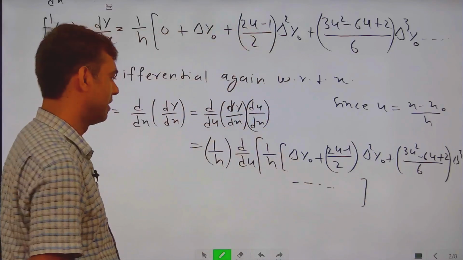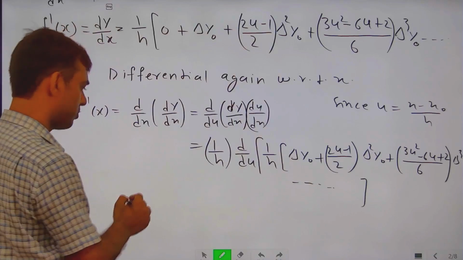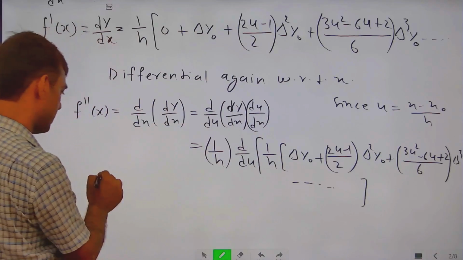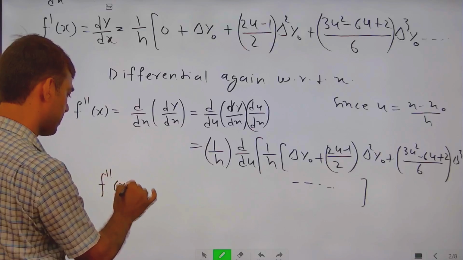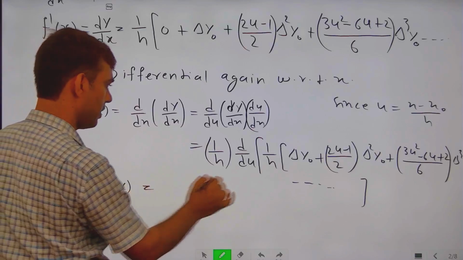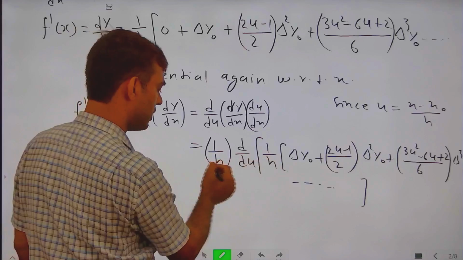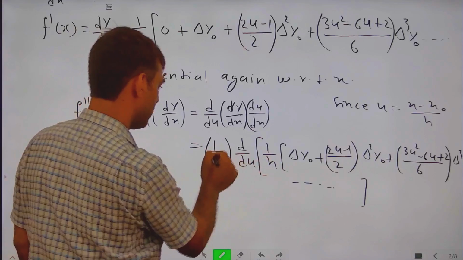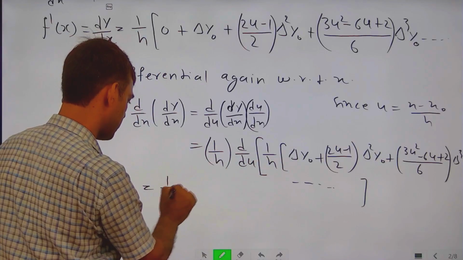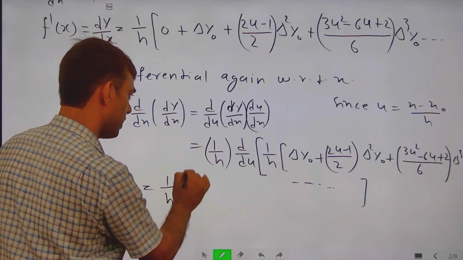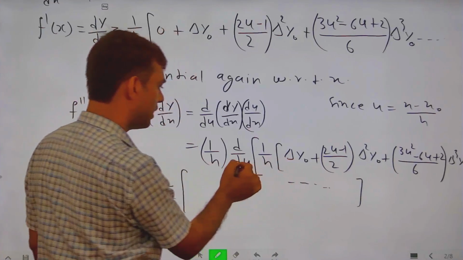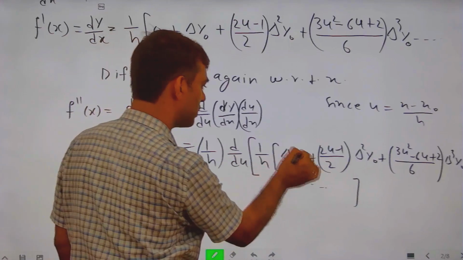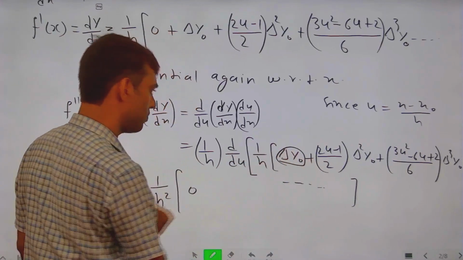Okay. So, if we simplify this one, then what is the result? Result is f''(x) equal, if we simplify, 1/h, being a constant, becomes outside the bracket. So, 1/h becomes 1/h². Inside, if we differentiate with respect to u again, then d/du of Δy₀, since Δy₀ is a constant, the value becomes 0.